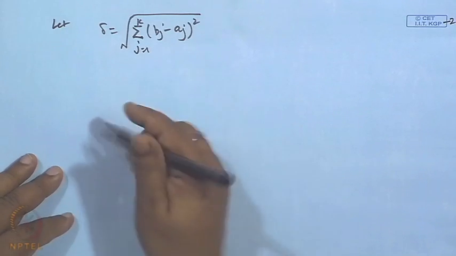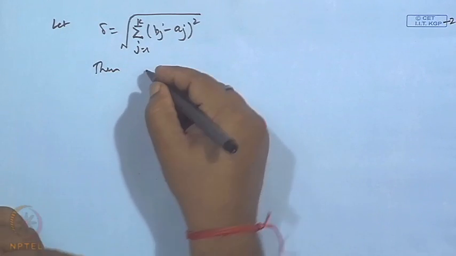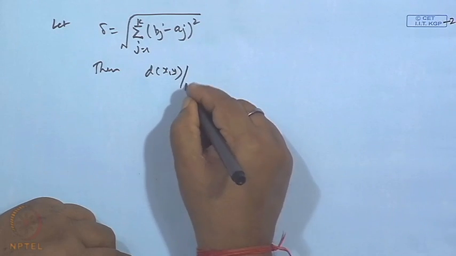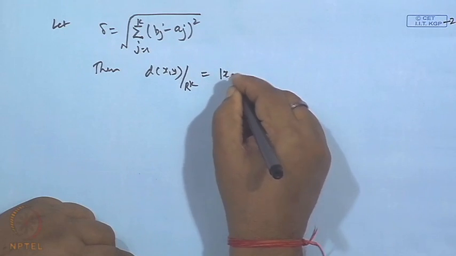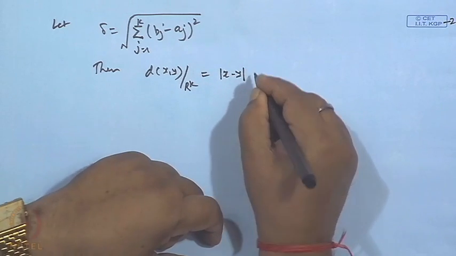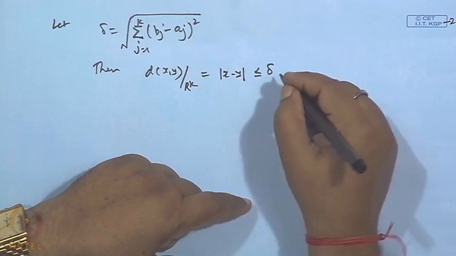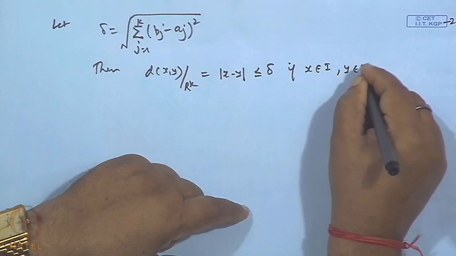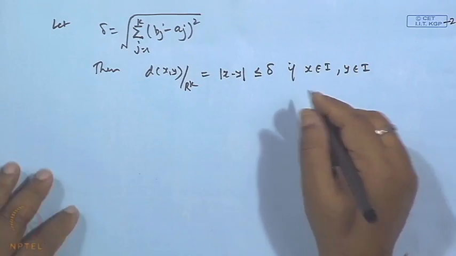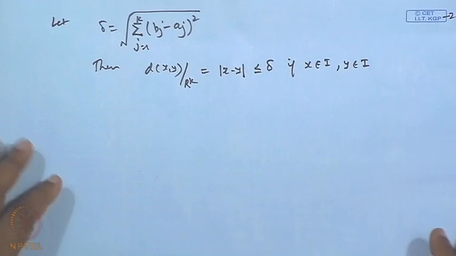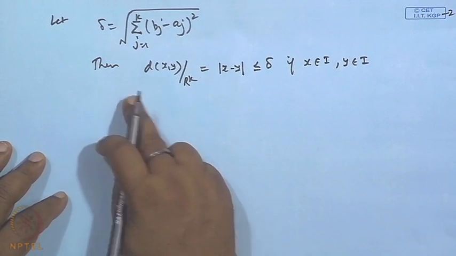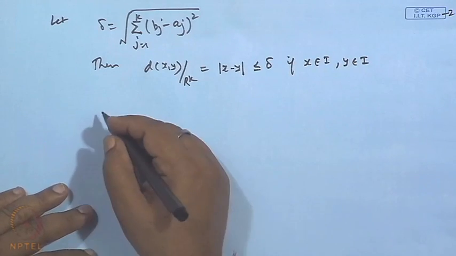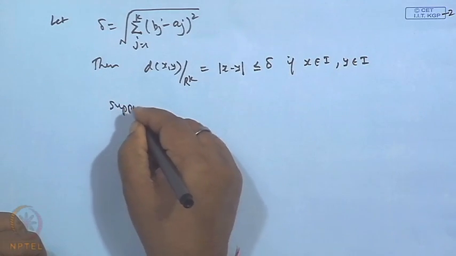So, obviously, the distance between x and y in R^k space, denoted by the norm of x minus y, will be less than or equal to delta, if x belongs to I and y belongs to I. We want to show this I is compact. So, let us suppose I is not compact.